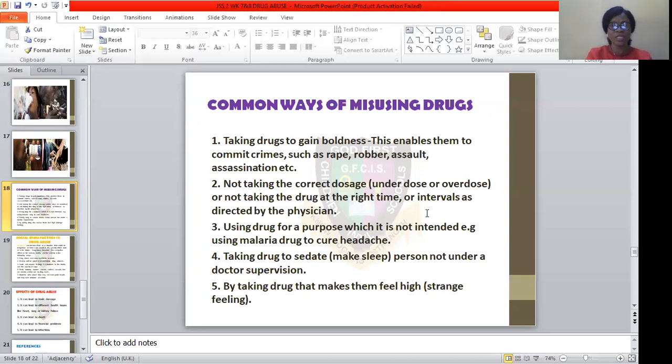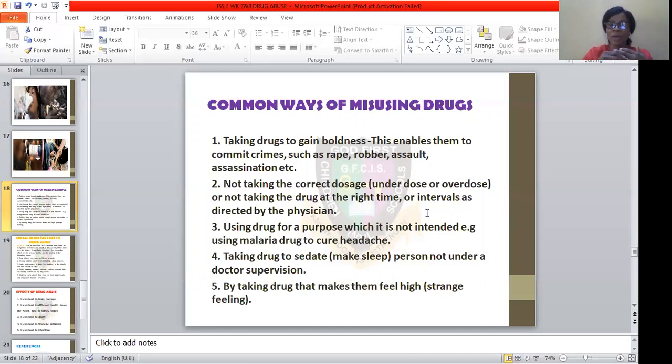Another way of misusing drugs is not taking the required or correct dose. When they ask you to take 2 tablets of paracetamol, please let it be 2 tablets. Don't take 3 or 4. And drugs are supposed to be taken at intervals, so you will not abuse or overuse them, which will result in overdose.